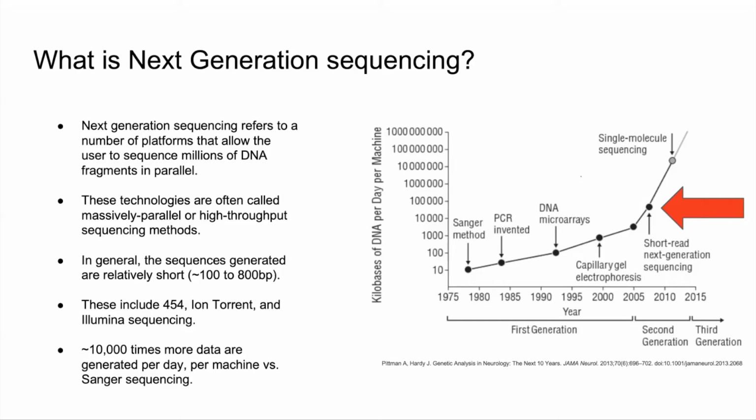And these include methods that are like the Roche 454, Ion Torrent, and Illumina sequencing. Illumina sequencing is by far the most common. And these methods, interestingly, generate roughly 10,000 times more data per day per machine versus Sanger sequencing. And I'm showing that here with that red arrow on that graph.